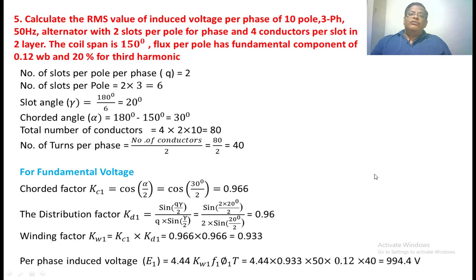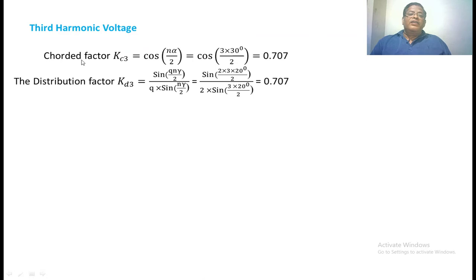Next we are going to find out the third harmonic voltage induced in the stator winding. The chord factor for the third harmonic Kc3 equals cos n alpha by 2, where n equals 3. Now you substitute all the values, you are getting 0.707. The distribution factor for the third harmonic Kd3 equals sin q n gamma by 2 divided by q sin n gamma by 2.